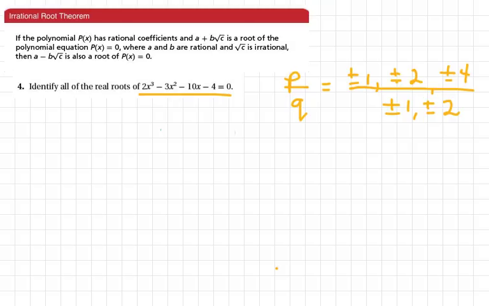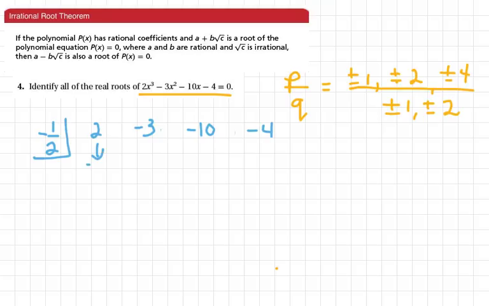So actually, let me think. Okay, so instead of taking up lots of video time, we're going to try -1/2. I tried a few others before I got to that, but we're going to use our synthetic division. 2, -3, -10, -4.